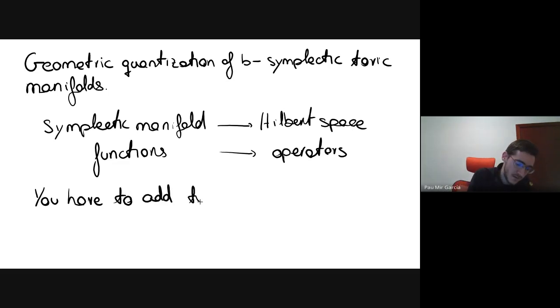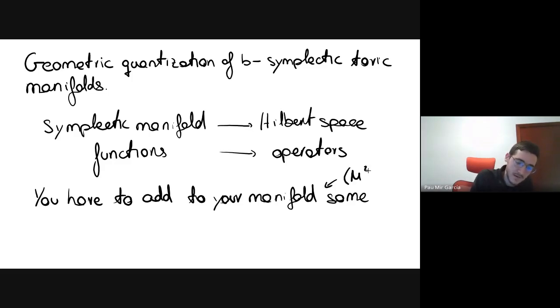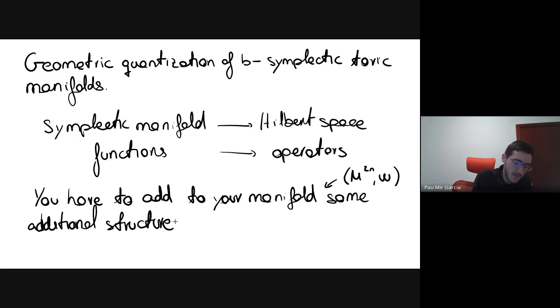You have to add to your manifold some additional structure. You already have your manifold, which is normally a b-symplectic manifold, and some structure, which is this omega, a symplectic form, but you have to add some additional structure, which is basically a complex line bundle and a connection.